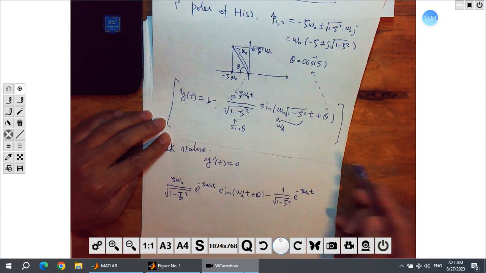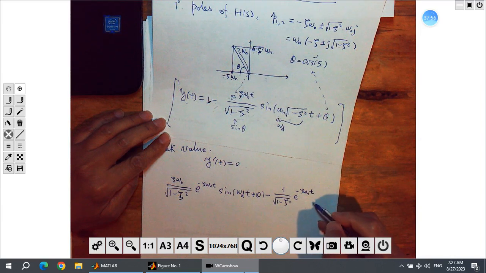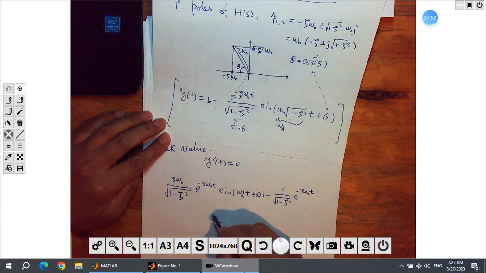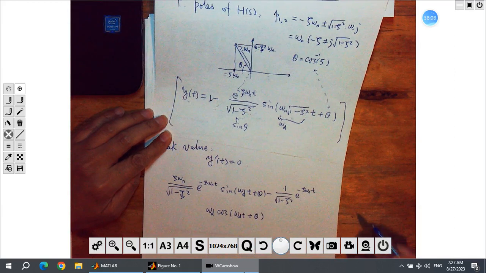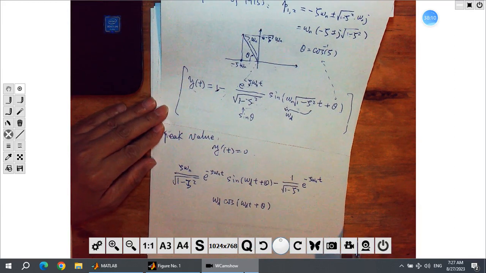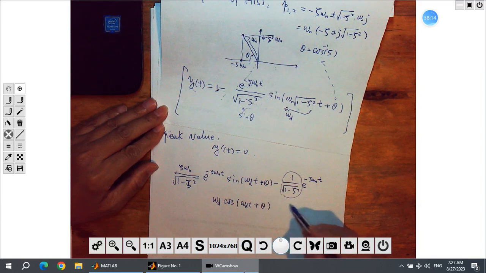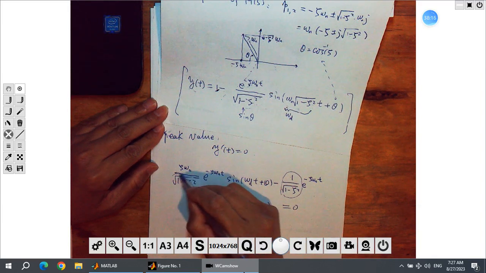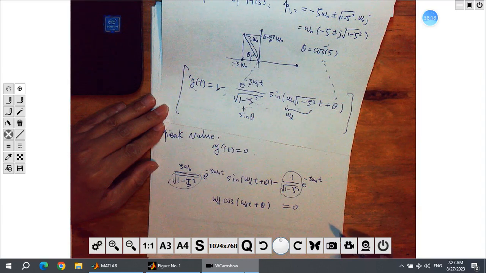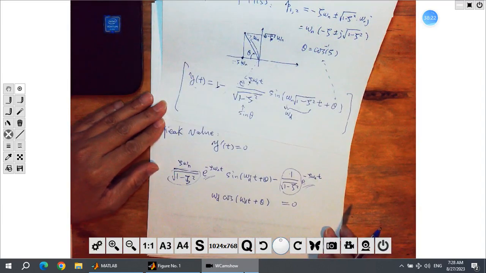And the sine, when we take the derivative, we get cosine: cosine of omega d t plus c, with omega d in front. Look at these. Equal to 0, we can cancel this one, and also this one, those containing the exponential power.